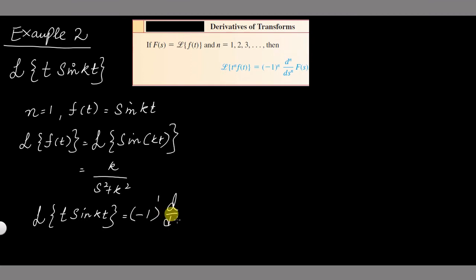Take the first derivative of F of s, and what is F of s? We have proved over here, this is F of s, k over s square plus k square.